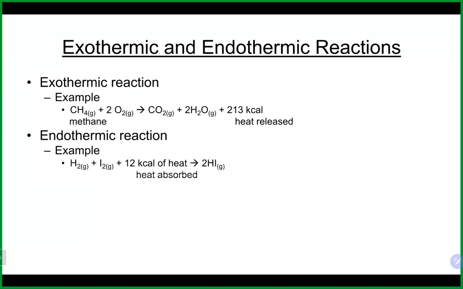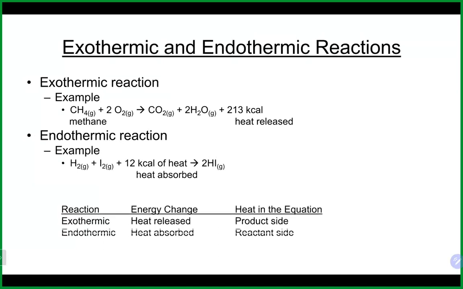Now, a couple other ways that we think about energy and about exothermic and endothermic. Obviously, we've talked about exothermic releasing energy and endothermic absorbing energy. Sometimes you will see an energy value written in the actual equation, or you may just see generically heat written on one side of the arrow versus the other.